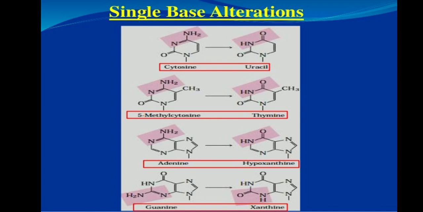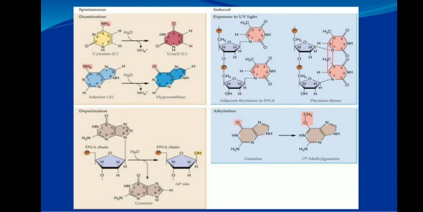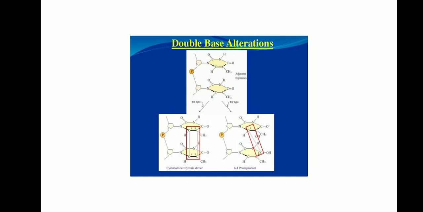Here you can also see spontaneous deamination or depurination, or induced mutation caused by exposure to UV light, and the formation of thymine dimers. Sometimes guanine undergoes alkylation, and due to that O6-methyl guanine is formed. This is an abnormality in the DNA.